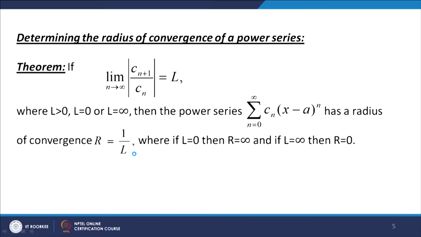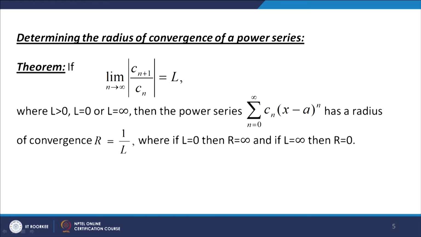Now, how to determine the radius of convergence of the power series? We can apply the ratio test, or we can also apply the root test. If you want to apply the ratio test, then since the coefficients of the series are Cn's, we will have to find out the limit of mod of Cn plus 1 over Cn.